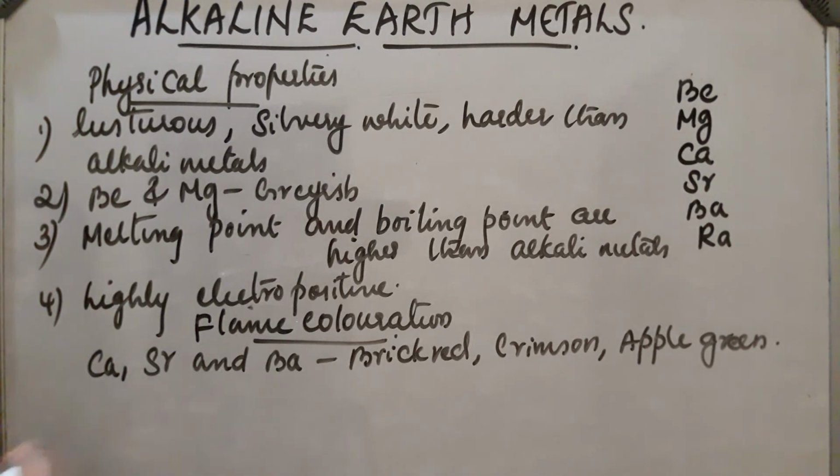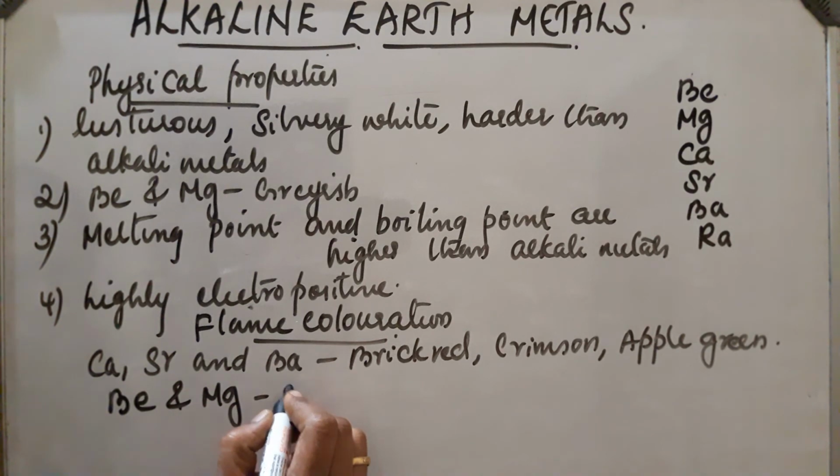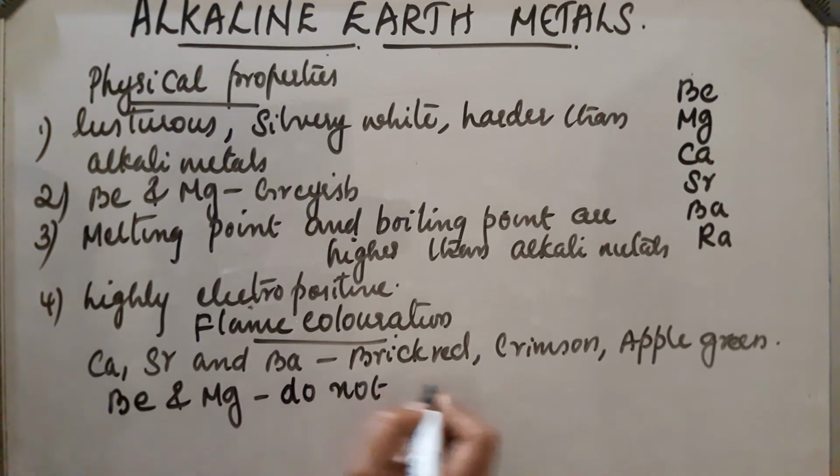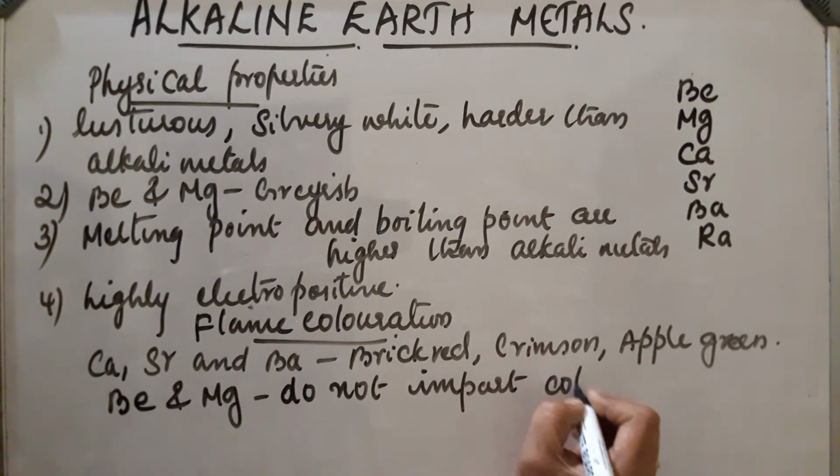But in the case of beryllium and magnesium, they have smaller size, so the electrons are strongly attached and are not excited, and they do not impart any color to the flame.